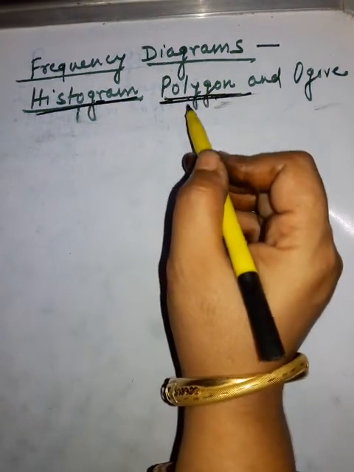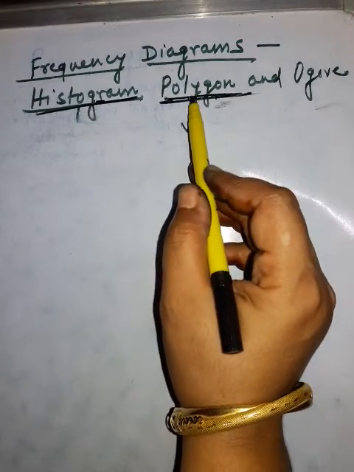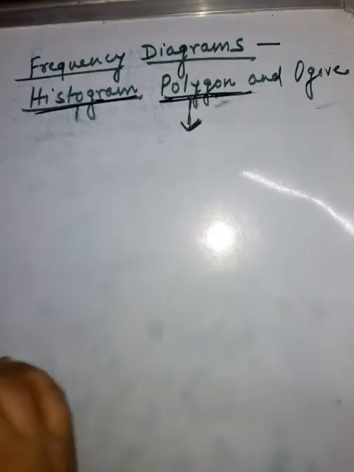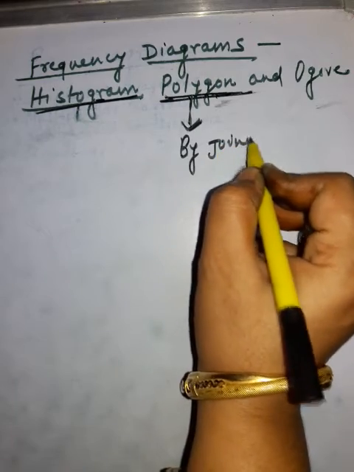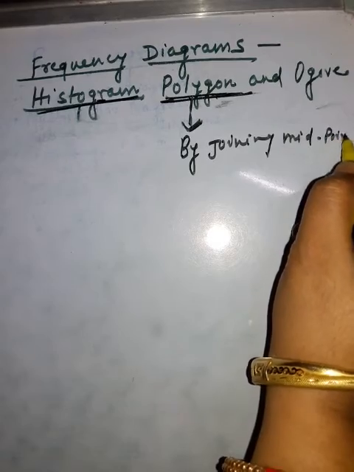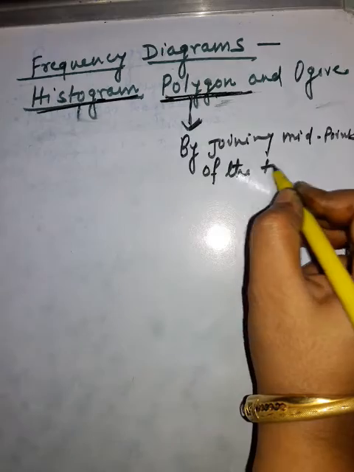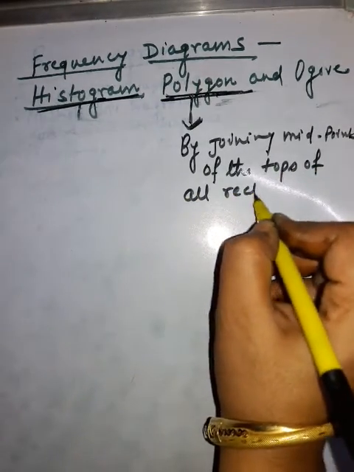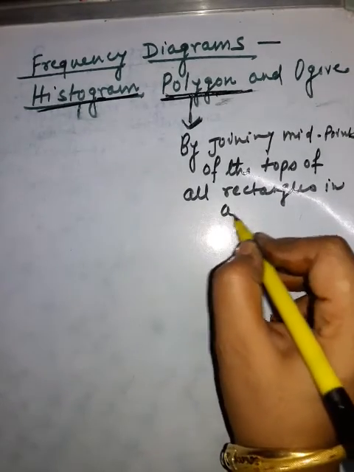So students, I am discussing a polygon. What is a polygon again? Polygon is another form of diagrammatic representation of data. It is formed by joining midpoints of the tops of all rectangles in a histogram.